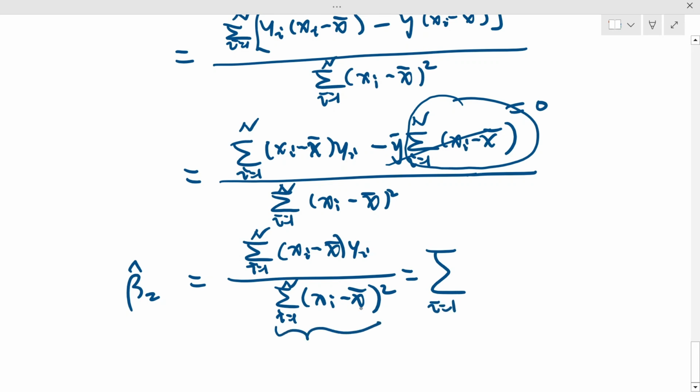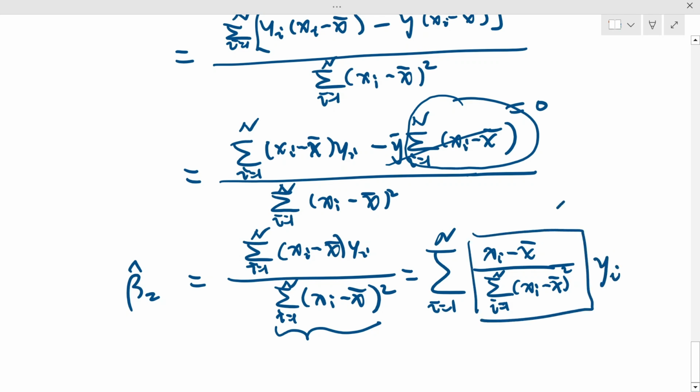And again, this sum does not depend on i itself. So it's x i minus x bar divided by the sum, times y i. These terms, let's call this term w i. You can think that w i is kind of a weight.